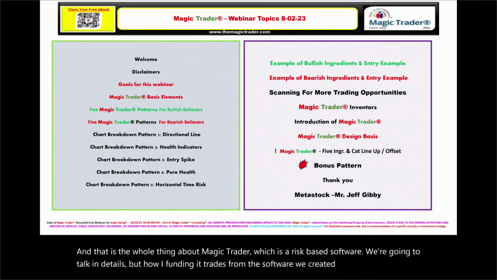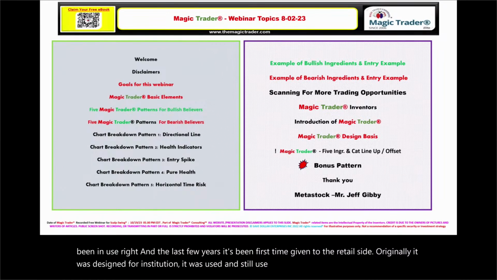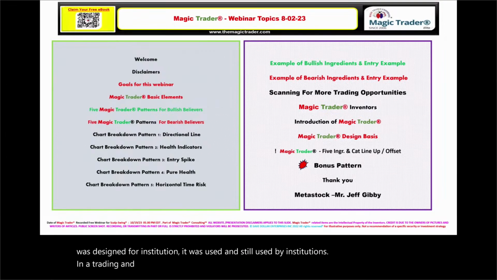Since 2006 it has been in use, and in the last few years it's been given to the retail side for the first time. Originally it was designed for institutions, and it is still used by institutions in trading. Basically, we scaled it down in a way that retail traders can understand it.